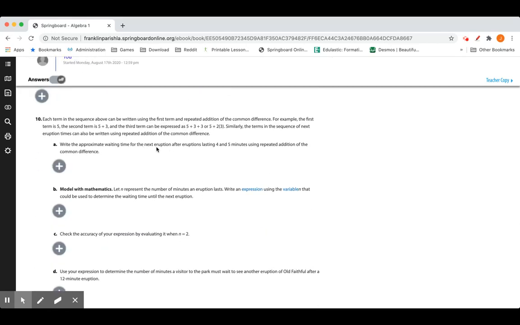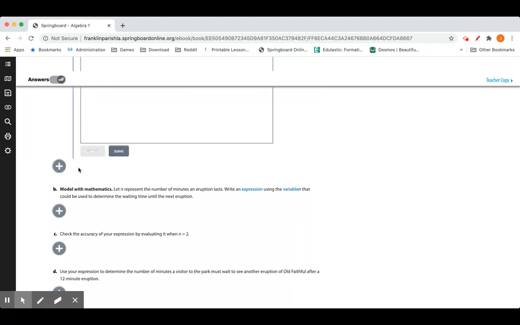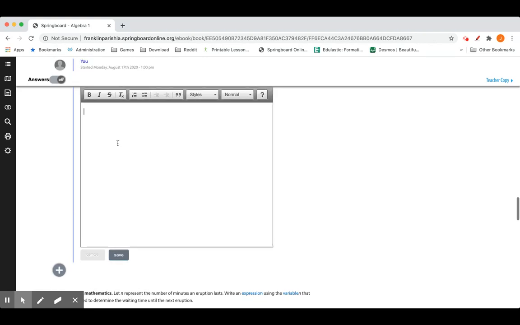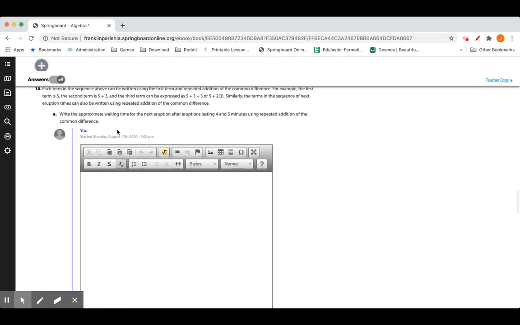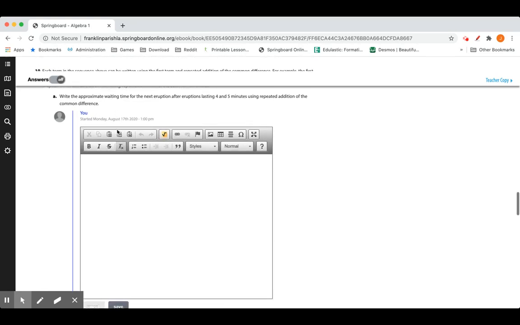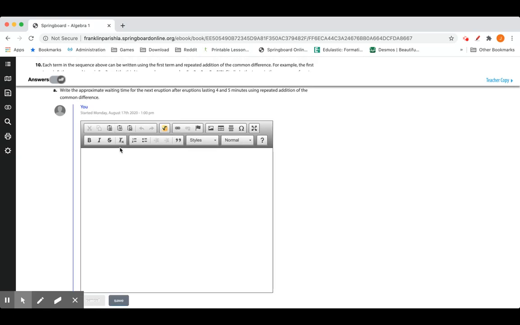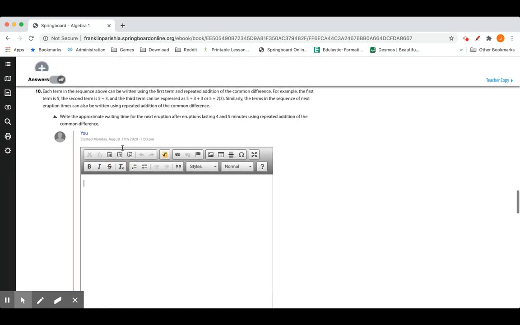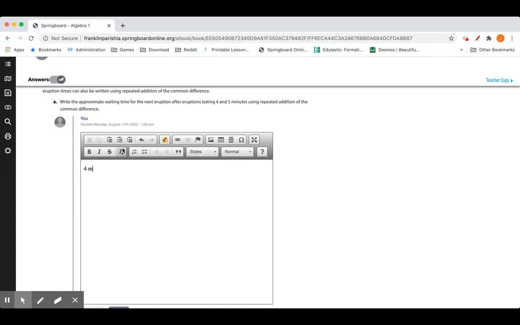So writing the approximate waiting time for the next eruption after eruptions lasting 4 to 5 minutes using repeated addition. We're going to go in and we're going to write it at 4 minutes.